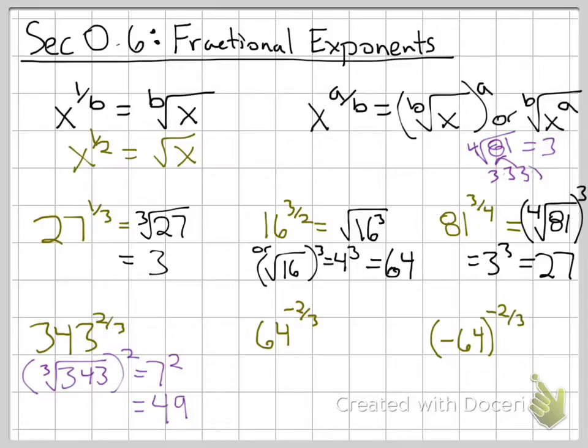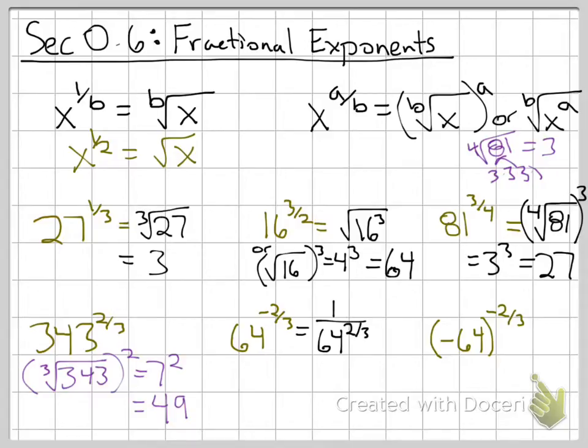Okay, we bring in a negative. 64 to the negative 2/3. What do I do when I have a negative? Okay, so I'm going to take the reciprocal, 1 over 64 to the 2/3. And I'm still going to simplify the same way.